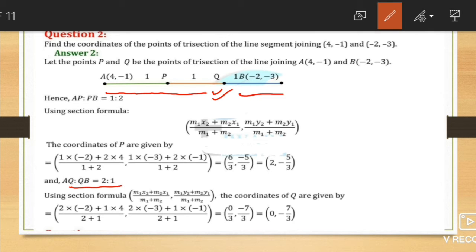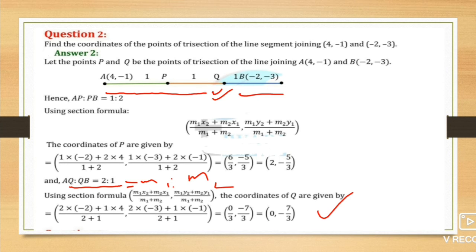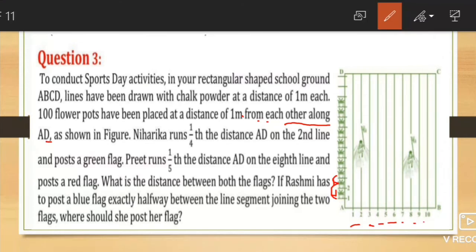That means now m1 is to m2 is 2:1. Again use the section formula and you will get the coordinates of point Q, which will be (0, -7/3). In this way you have to find the coordinates of the points of trisection.